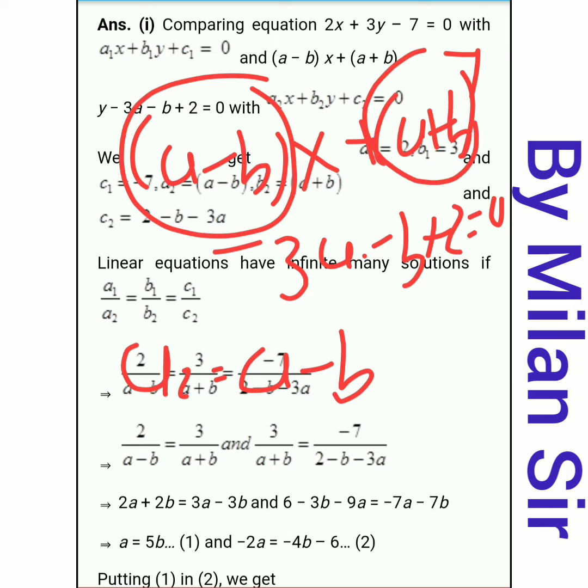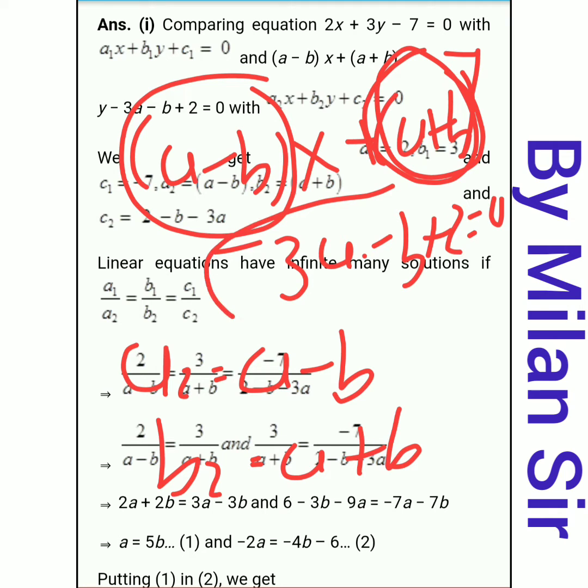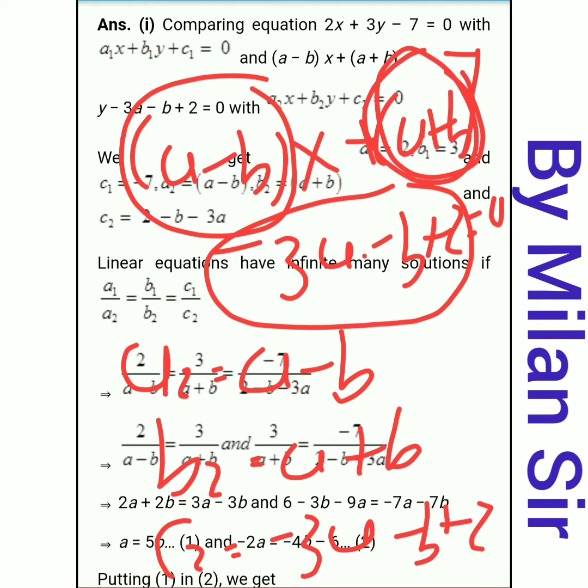The coefficient of y is our b2, a plus b. And the remaining constant term is our c2, minus (3a plus b minus 2). So a2 is equal to a minus b, b2 is equal to a plus b, and c2 is equal to minus (3a plus b minus 2).